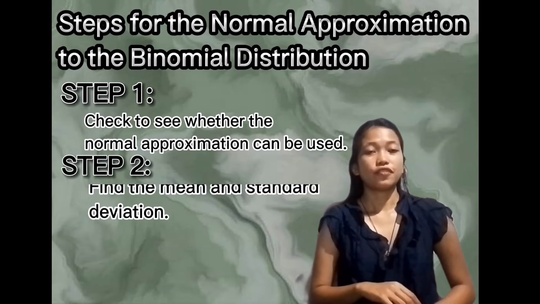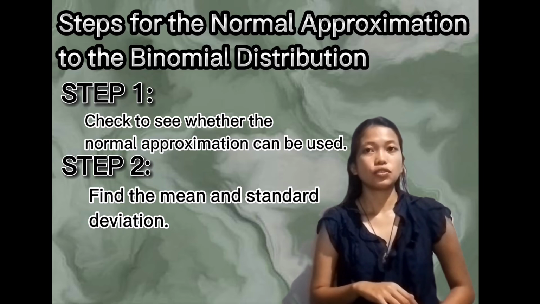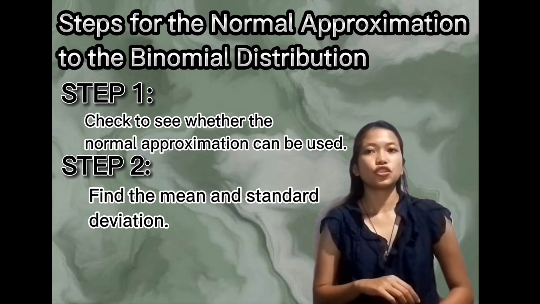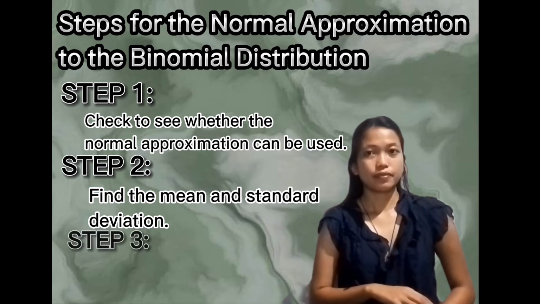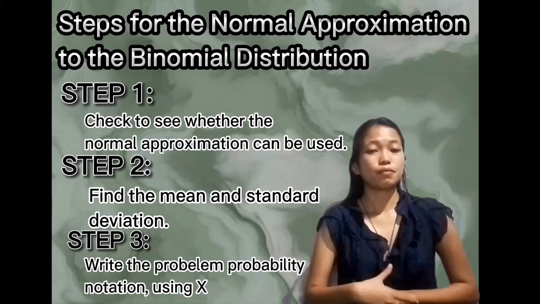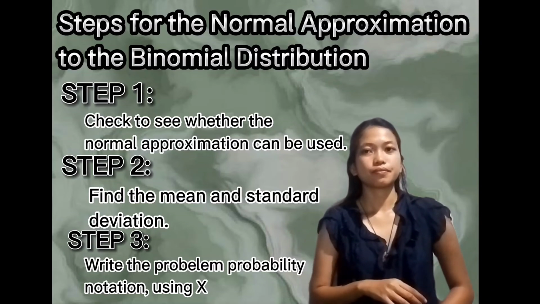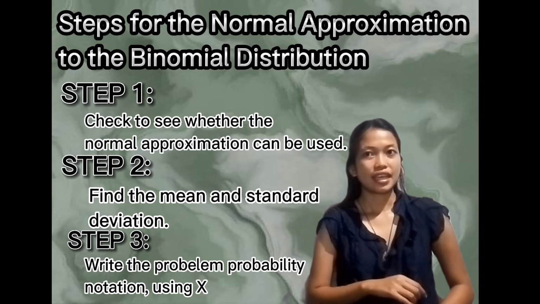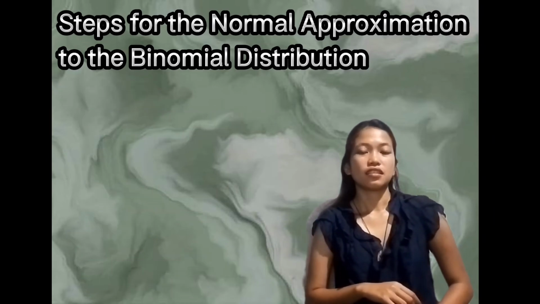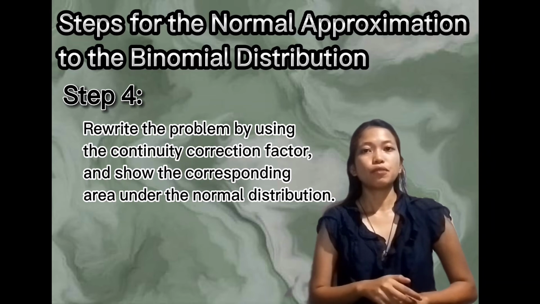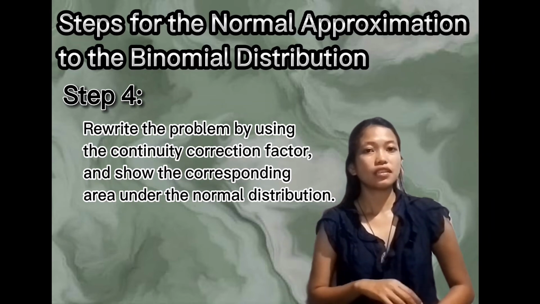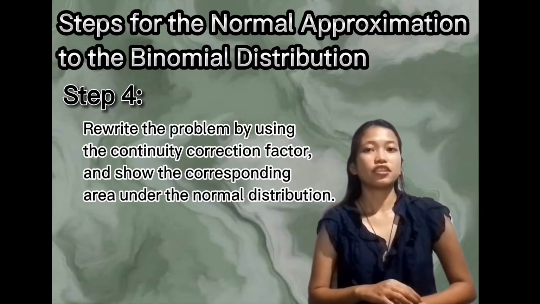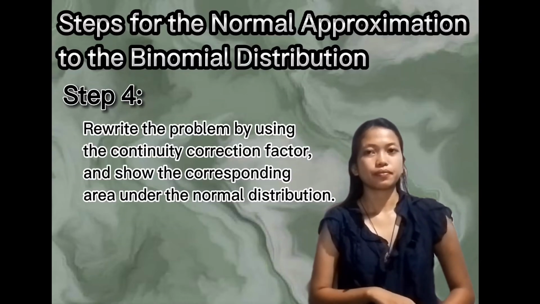Step 2. Find the mean and standard deviation using the given formulas for the binomial distribution. Step 3. Write the problem in probability using x. We should refer to the summary of the normal approximation in step 3. Step 4. Write the problem using the continuity correction factor and show the corresponding area under the normal distribution.